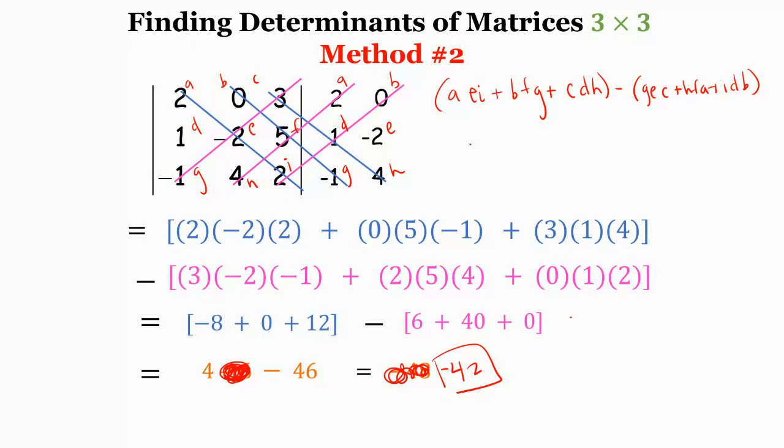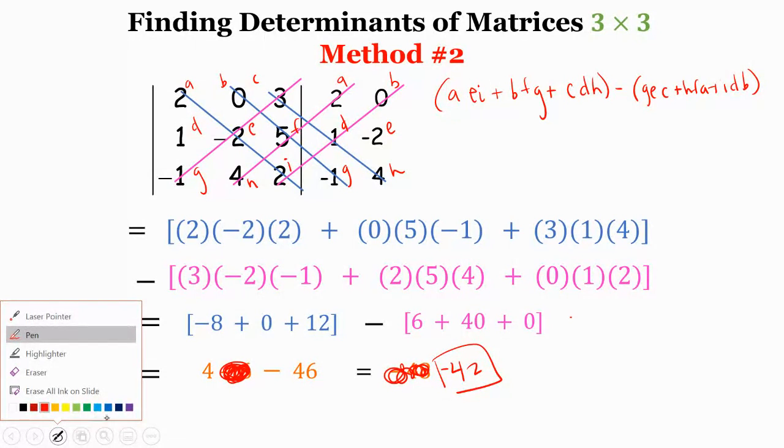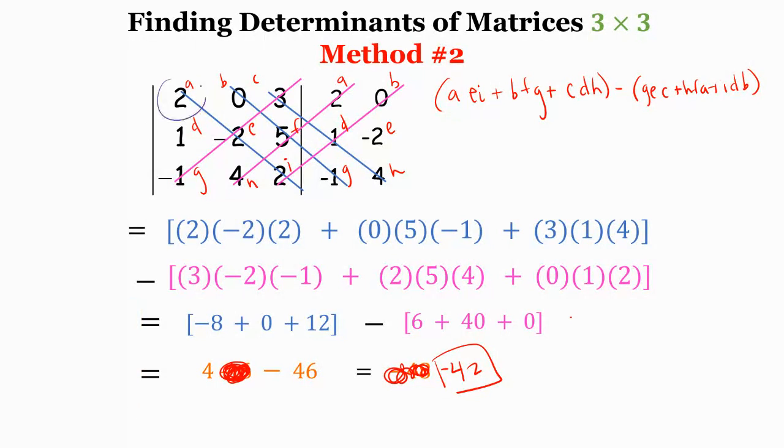When I use that other method with the little determinants, and maybe you can picture this, I'll grab a new color so maybe it'll be a little bit easier. I'm doing A times EI minus FH.